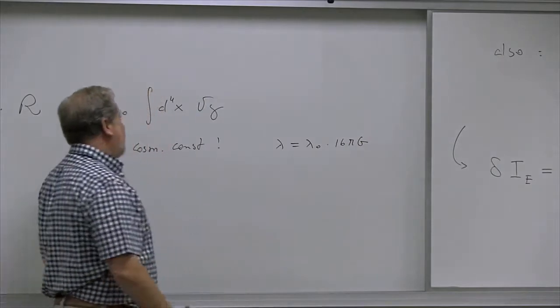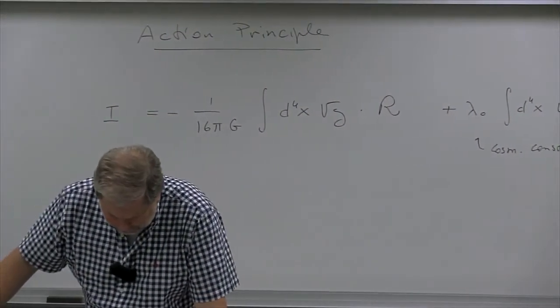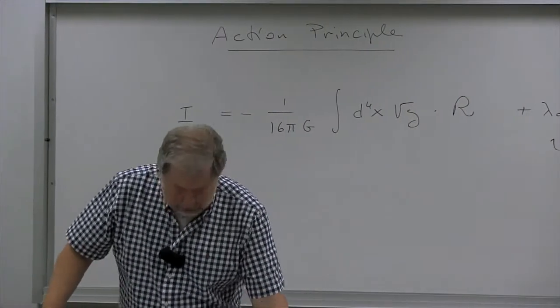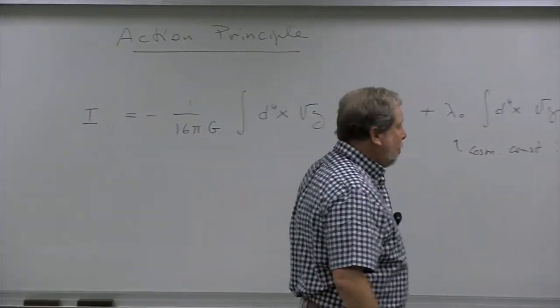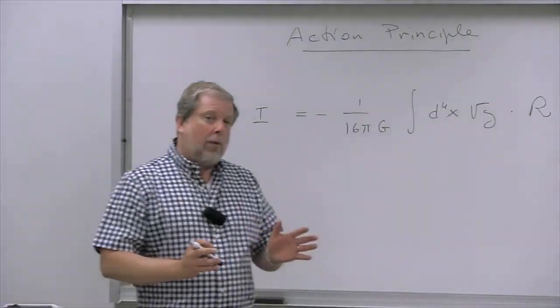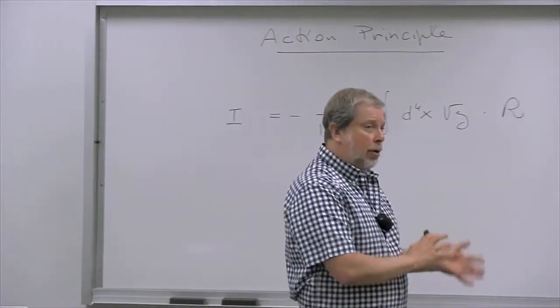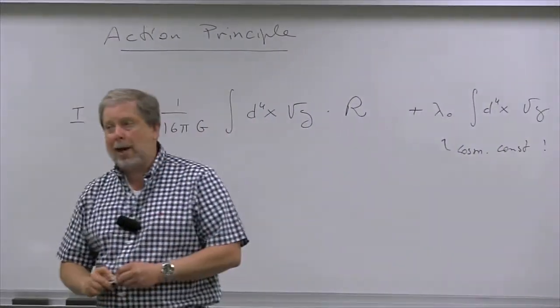The lambda we introduced in the other lecture is related to this one by a multiplication by lambda naught. But otherwise, it's the same thing. Right? So whichever way you look at the problem, the cosmological constant is something that is allowed, whether you look at the field equations or whether you look at the action.